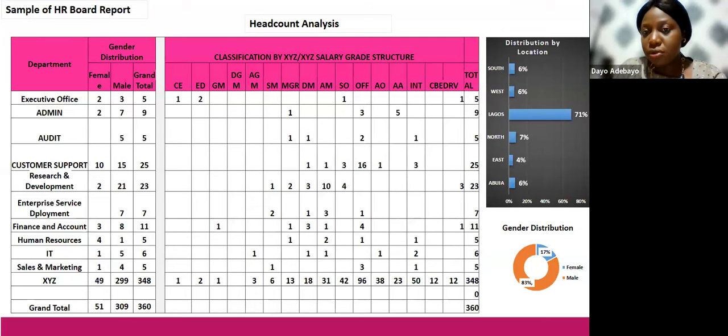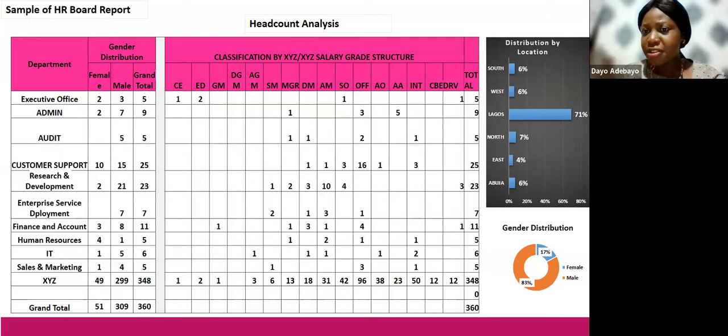Even if it is within Lagos, maybe you have outlets within Lagos. Say you are working in a pharmaceutical company, your head office is located at Victoria Island, and you also have branches on the mainland, in Surulere, in Ikeja. You also want to show them the distribution of staff per location.